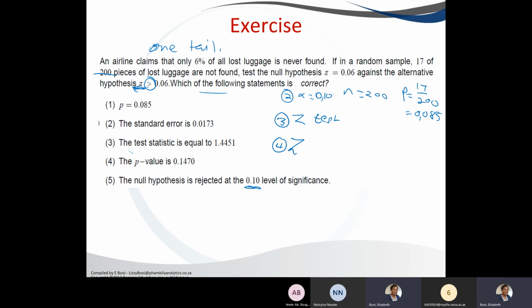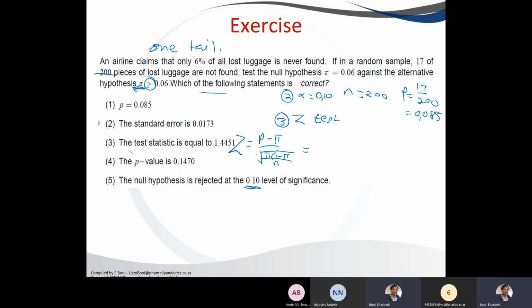Z equals P minus our population proportion, divided by the square root of our population proportion times 1 minus our population proportion, divided by n.